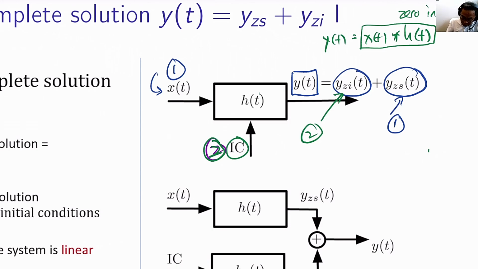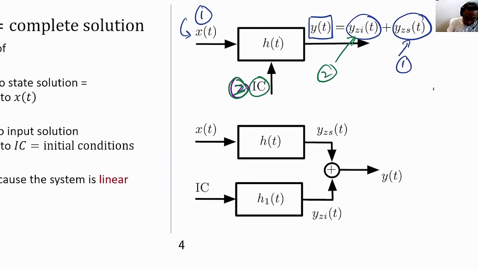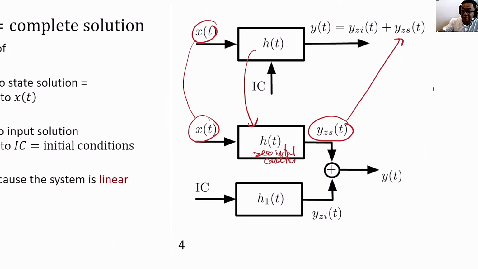Now let's graphically see how we can break the system into two. For the input x of t, we simply have an exact copy of this, and now there is zero initial condition for the system. H of t is completely relaxed, and out comes this one, ZS, zero state.